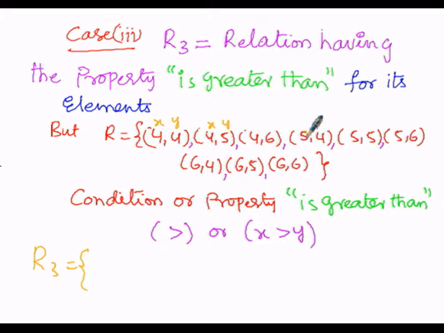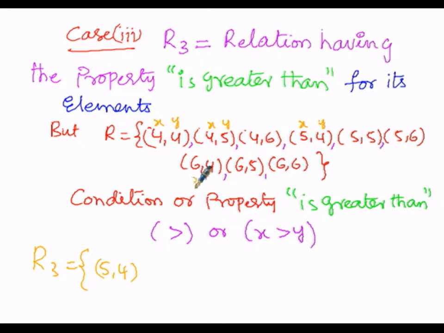Whereas for 5 and 4, 5 is greater than 4, that is x is greater than y. So we can include 5, 4 as the first element of R3. The next element is 5, 5, both equal, so we avoid this. Then 5, 6: the first coordinate is less than the second, but we want greater than, so we avoid 5, 6 also.